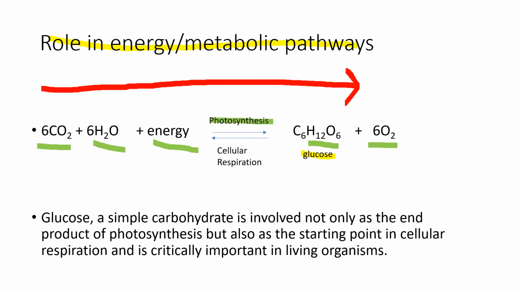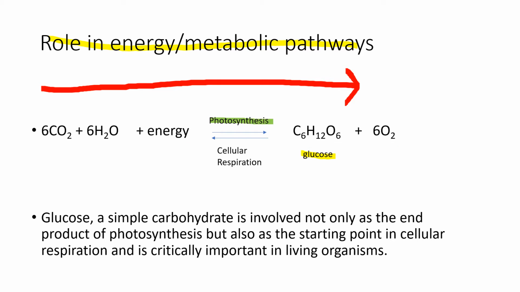Now, it's not the one-step process it looks like here. There are probably 30 to 40 individual steps. We're just showing the very beginning and the very final end product, but you can see glucose is produced in this, and that's why it has such a key role in energy and metabolic pathways.